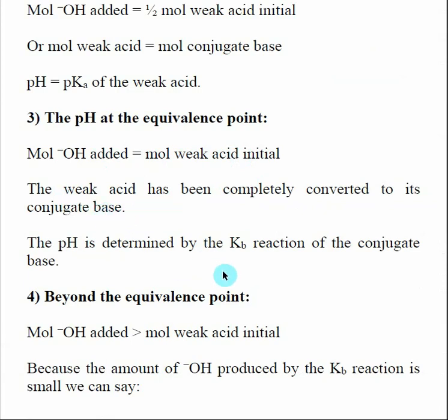And what's going to happen is the Kb reaction for this conjugate base is going to determine the pH. So there are going to be some detailed calculations that we're going to be looking at there. But this is why the pH is going to be greater than 7, because we now have some conjugate base floating around in solution, and a conjugate base is basic. So the pH is going to be slightly higher than 7.